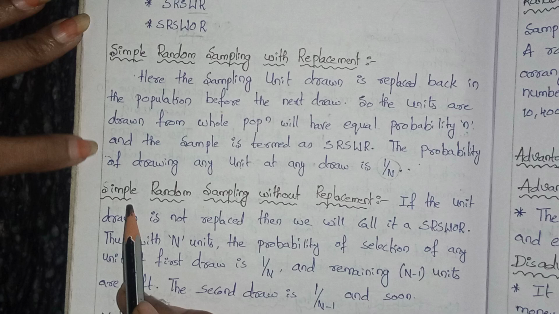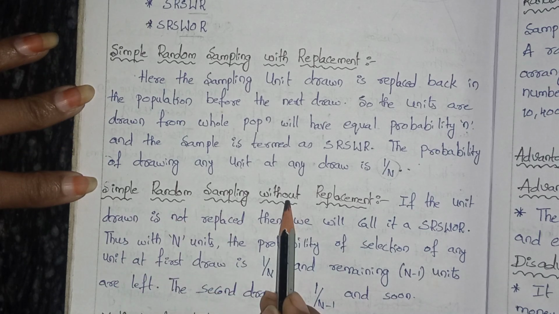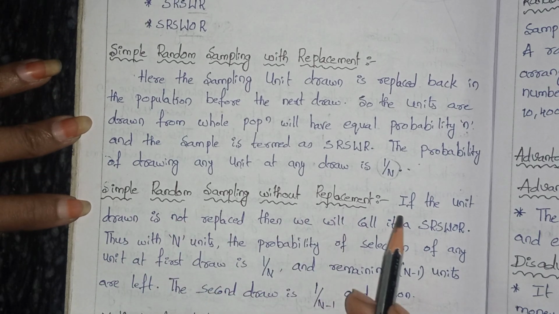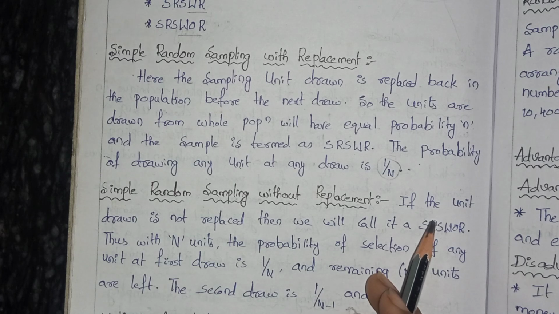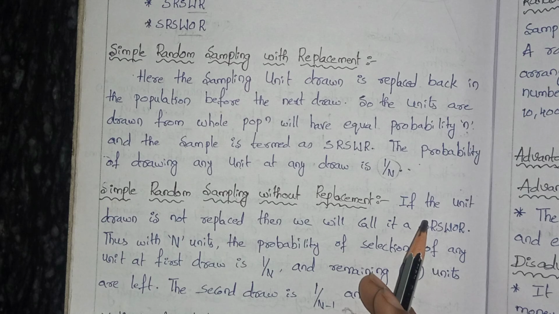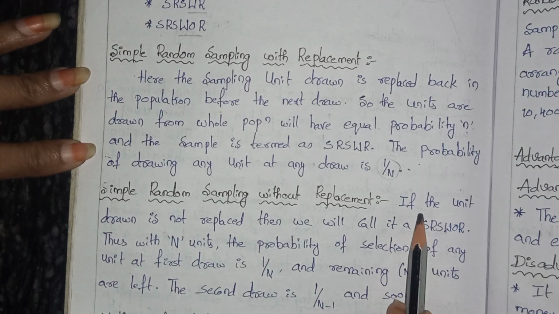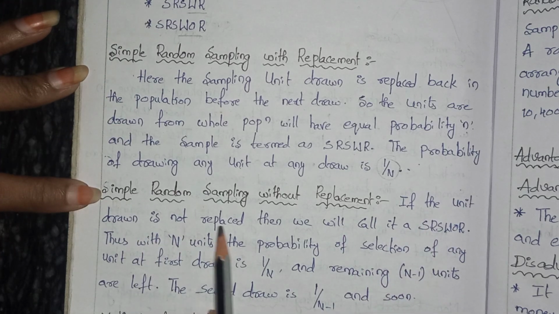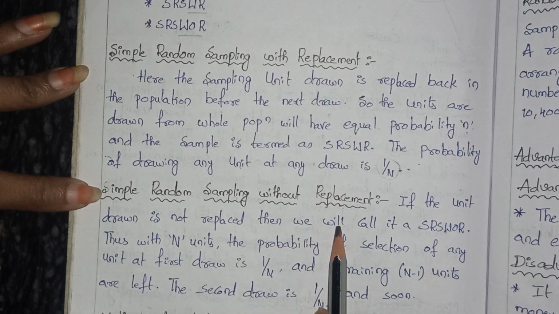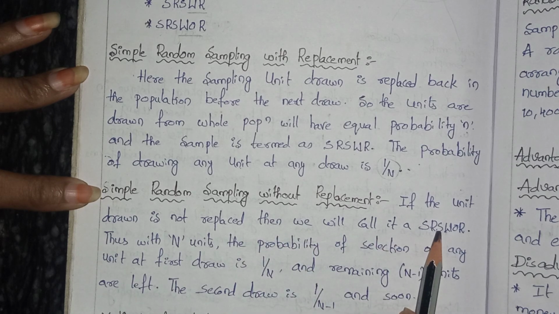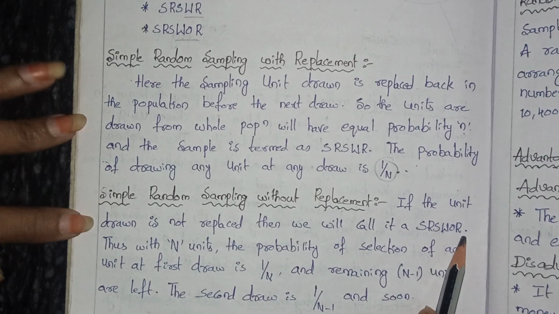Next, simple random sampling without replacement. That means if we select one, we won't replace it back; we keep it aside and take the second trial. If the unit drawn is not replaced, we call it simple random sampling without replacement.